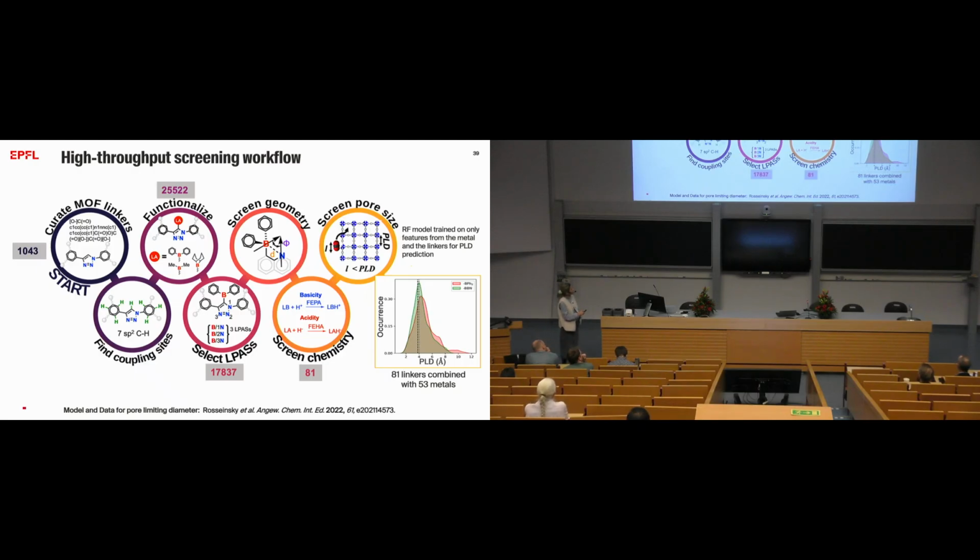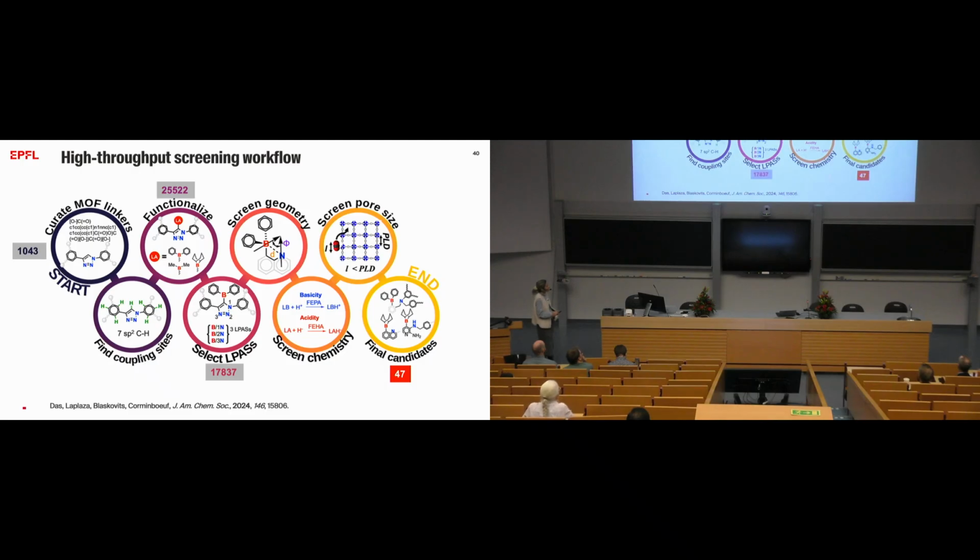And here we trained an ML model, using the one from Serensky, a similar model that we trained, and tried to combine 81 linkers that we designed with about 53 metals.